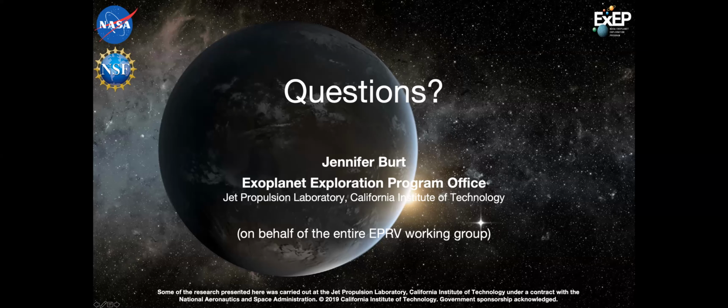Great, thank you, Jennifer. We have a couple questions from Francisco Mendez. What methods are you considering to measure the stellar activity variability and subtract it from the RV measurements? Yeah, so there's a lot of work that's gone into this, and I did not lead this part of the study, but I know that a couple of areas we're looking at are both how to make better use of extremely precise RV data from the sun.